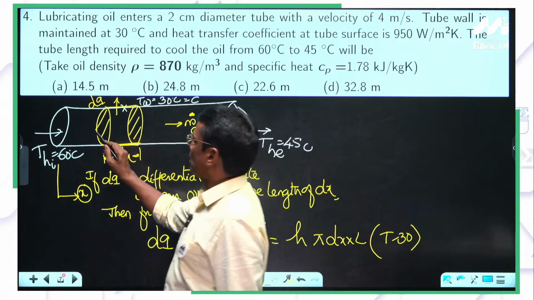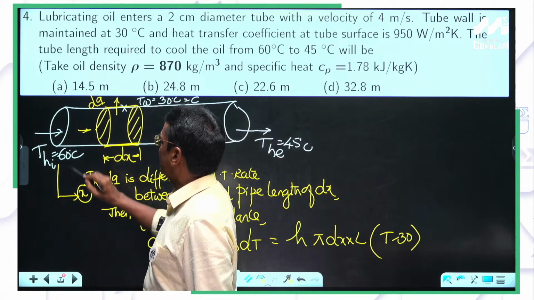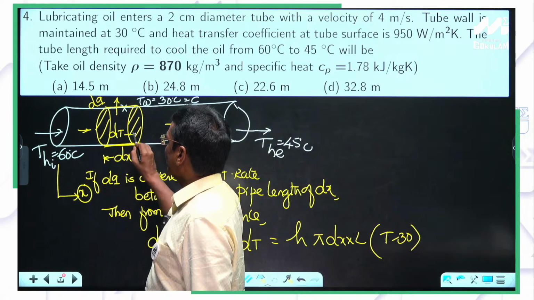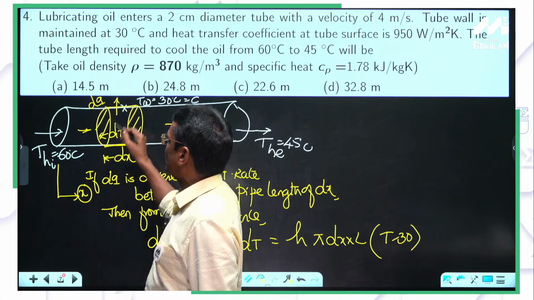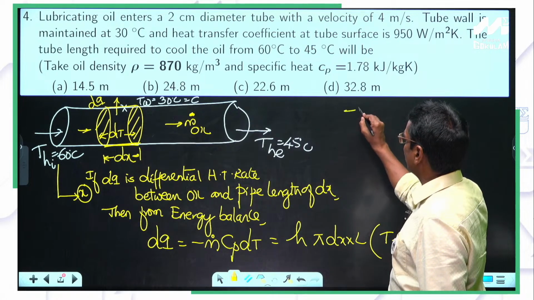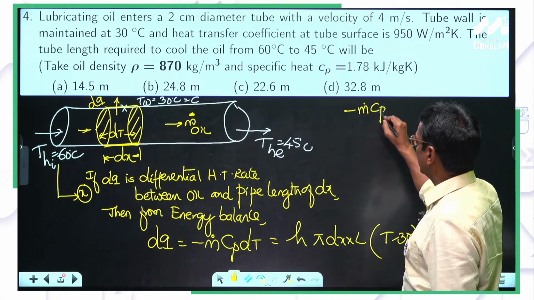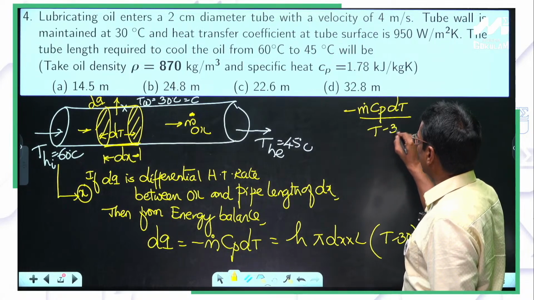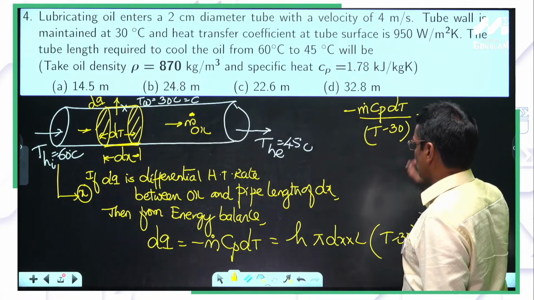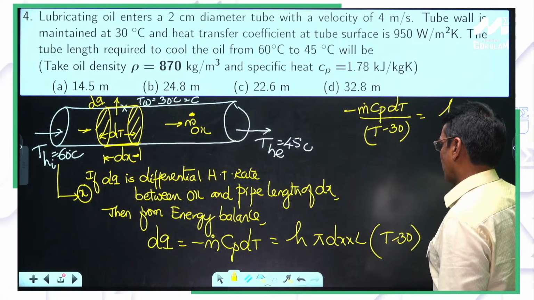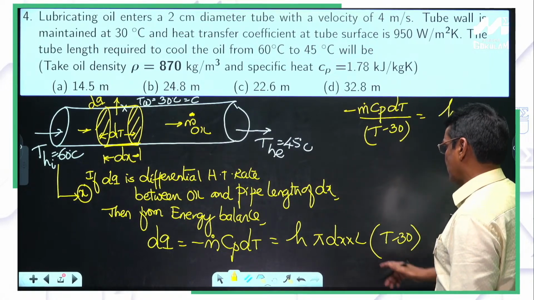Because the temperature of the oil, when the oil enters at a certain temperature, dT will be the differential drop in temperature of the oil because of the differential heat transfer rate. If you separate the variables, minus m dot Cp divided by T minus 30 is equal to h pi d dx.